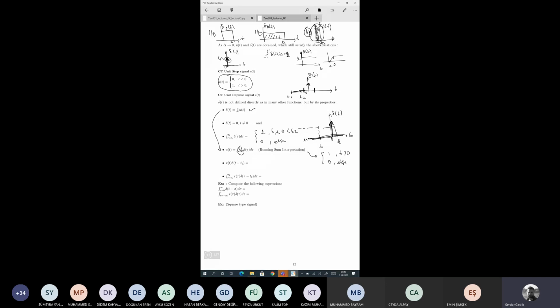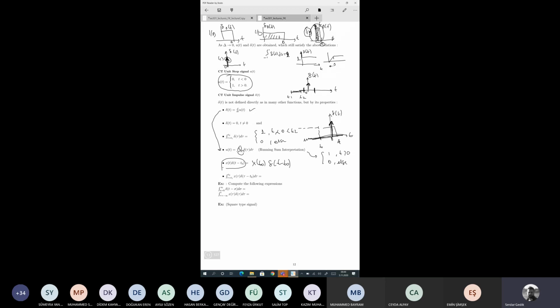Then next thing is x of t times impulse of t minus t0, and this is a direct dual of the discrete case. This is x of t0 times impulse of t minus t0, as expected. And in the next one, again, this is a dual of the discrete case. You multiply and integrate.